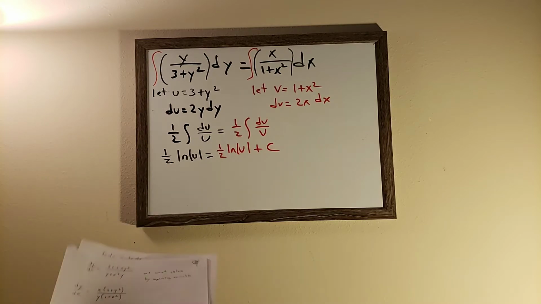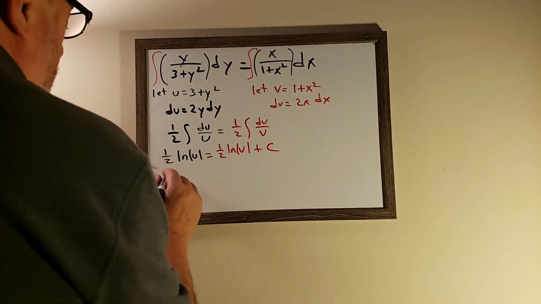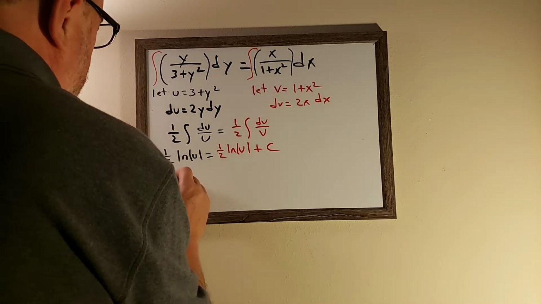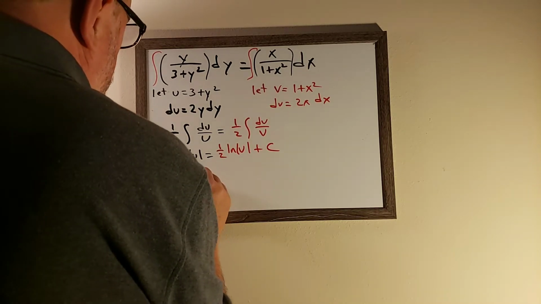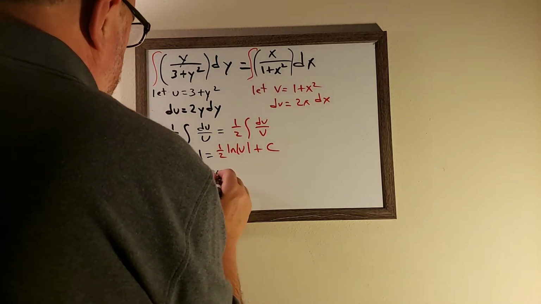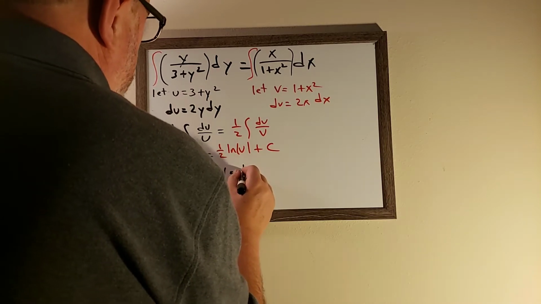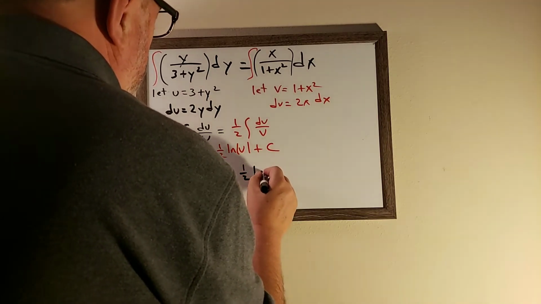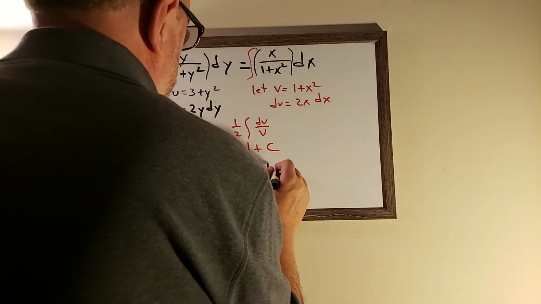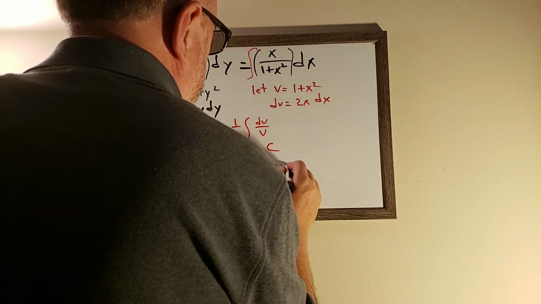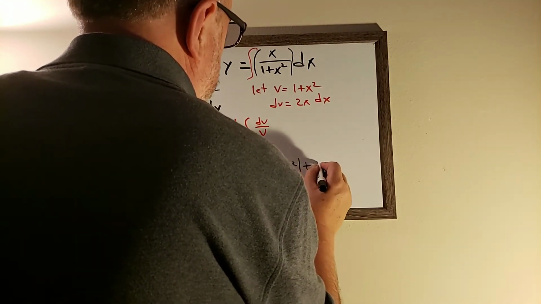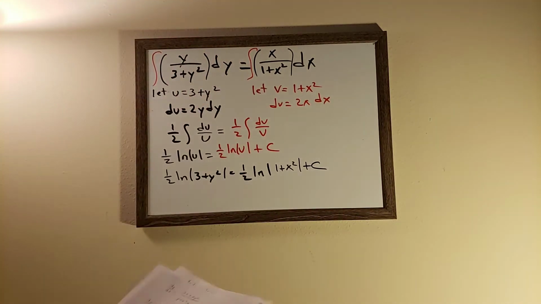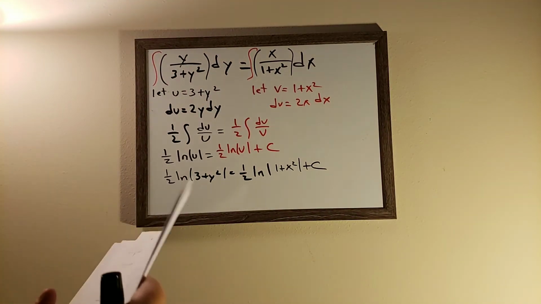And then the last step in this process is we need to substitute back in, and so we end up with 1/2 the natural log of 3 plus y squared equals 1/2 the natural log of 1 plus x squared plus c. And we have completed that one, and this time we made use of our substitution rule.